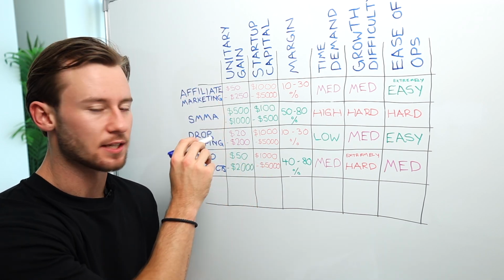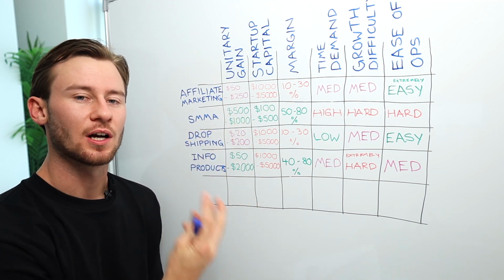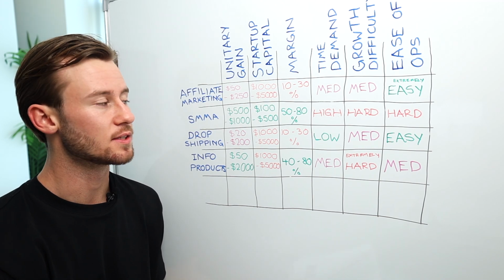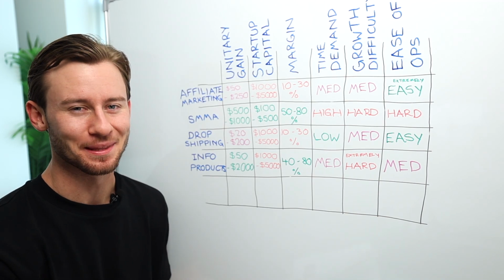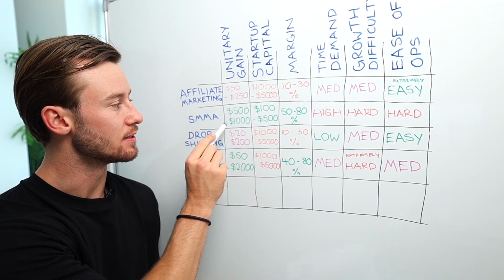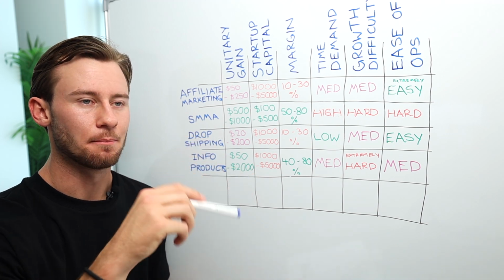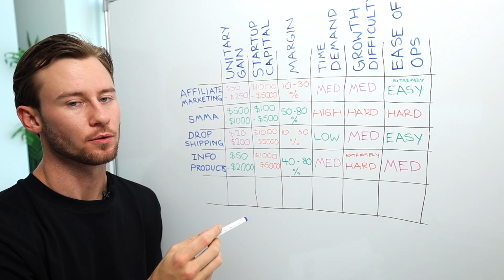And so with the unitary gain, this is an undershot. It could be 500 bucks to 5,000. You're able to charge a lot for agency services, especially if you're delivering something that actually works. So that's a massive benefit of social media marketing, is that you could have less clients and have less stress and make the same as some of these other business models.